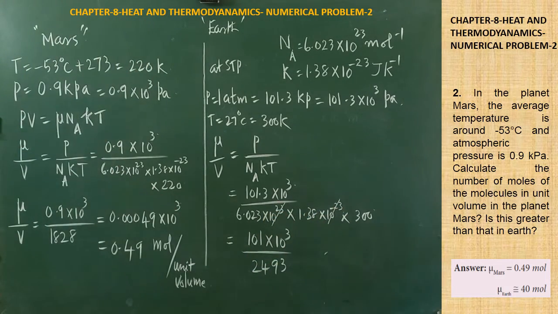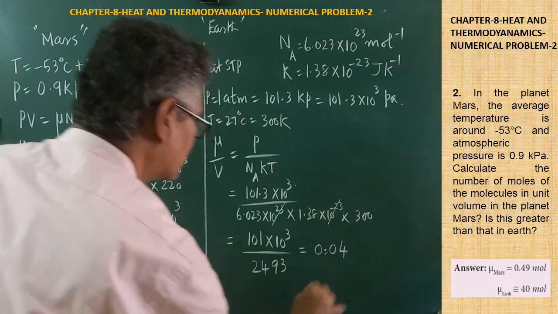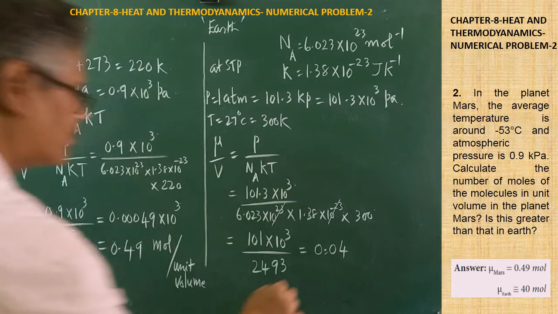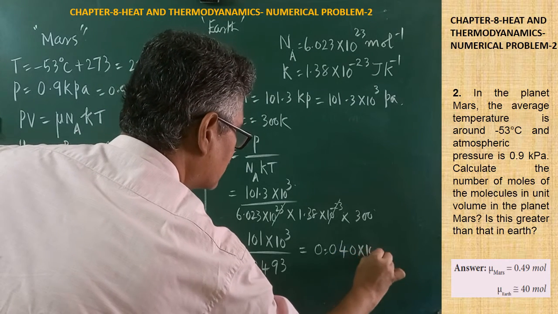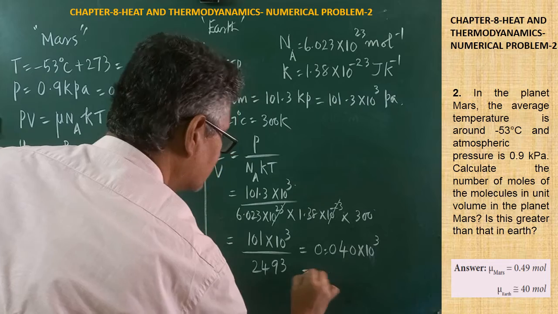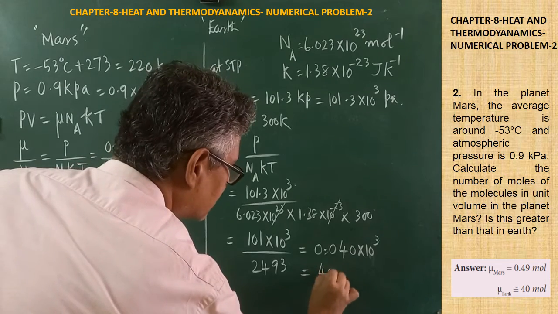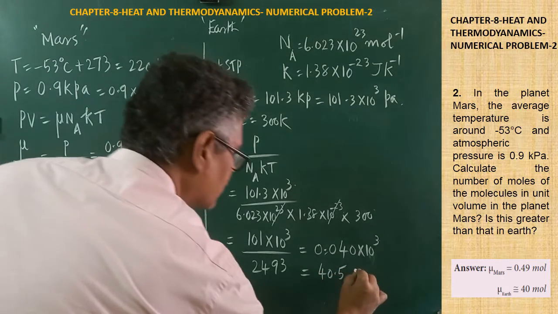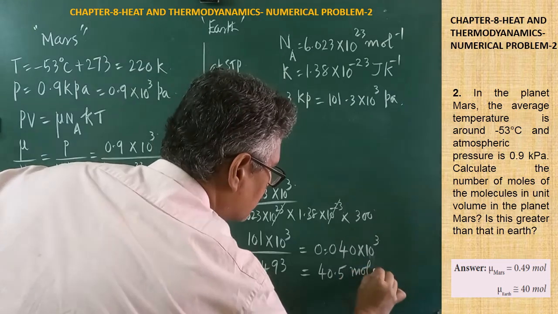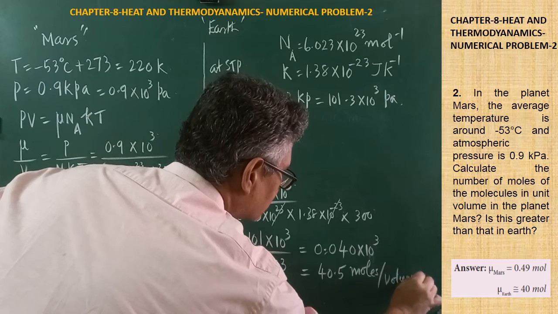So in the final step, you would get 0.040 into 10 to the power of 3. After shifting the decimal point, you will get 40.5 moles per unit volume.